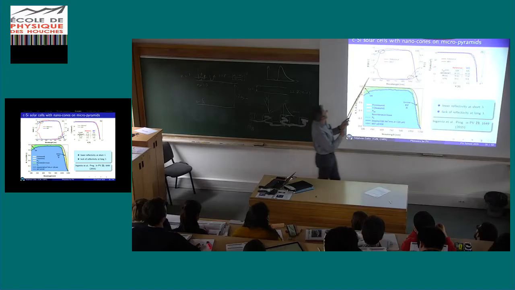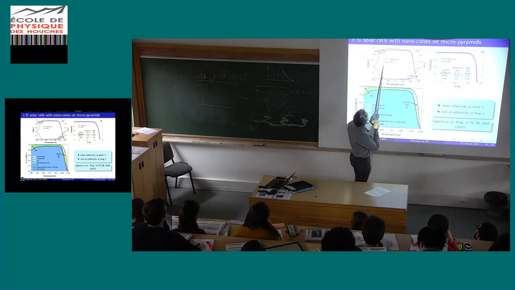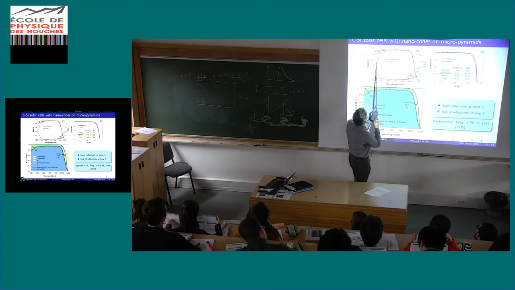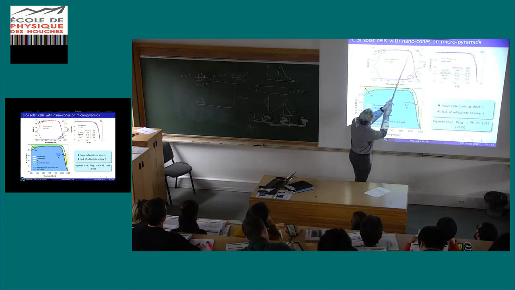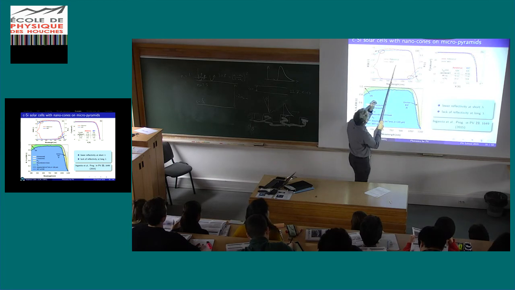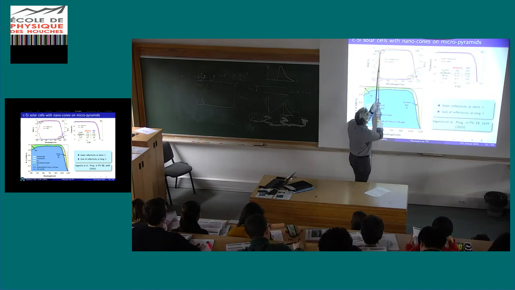Just look at this. External quantum efficiency for the two samples. The reference, you have a very conventional external quantum efficiency of a good solar cell here. And with these nanostructures, you decrease the reflectivity in the short wavelength range, and you increase the external quantum efficiency.